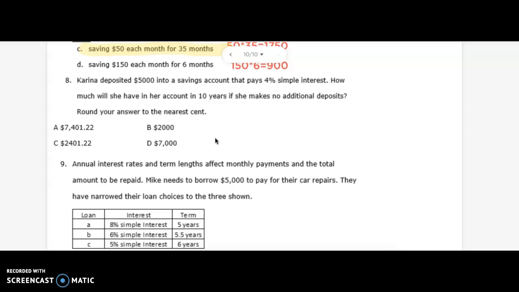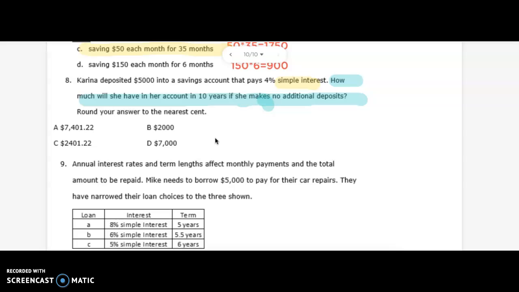All right. So we know that this is a simple interest problem, right? Okay. My question is here. How much will she have in her account for 10 years if she makes no additional deposit? Is it asking me for interest? How much will she have in her account? Does it say how much interest? No, it does not.